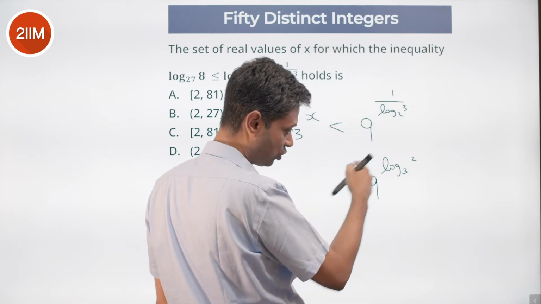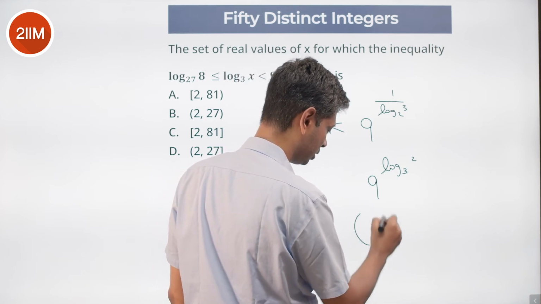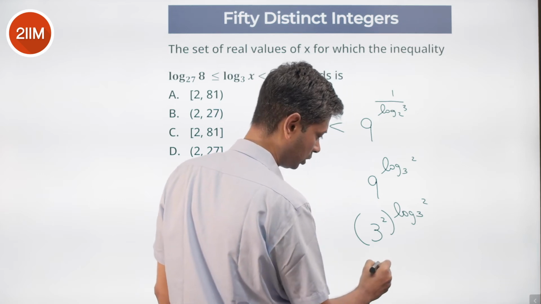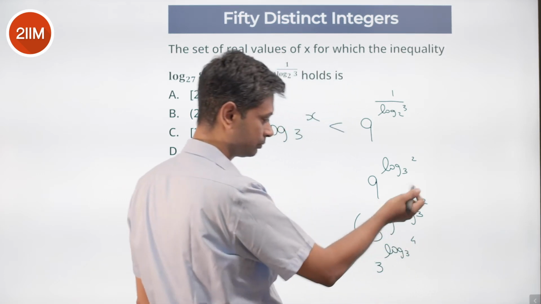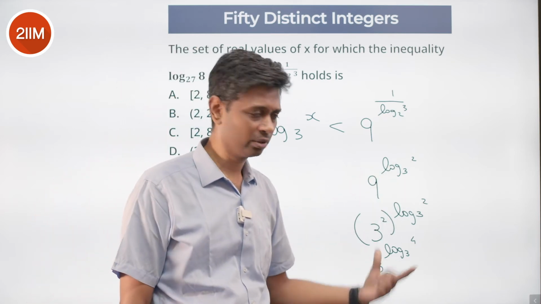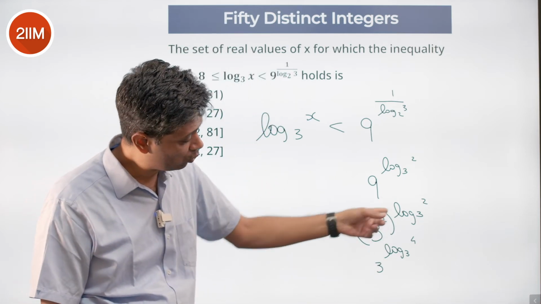I can write this as 3 square whole power log 2 to the base 3, or 3 power log 4 to the base 3. It becomes 2 log 2 to the base 3, which is log of 2 square to the base 3, log 4 to the base 3. So 3 power log 4 to the base 3.